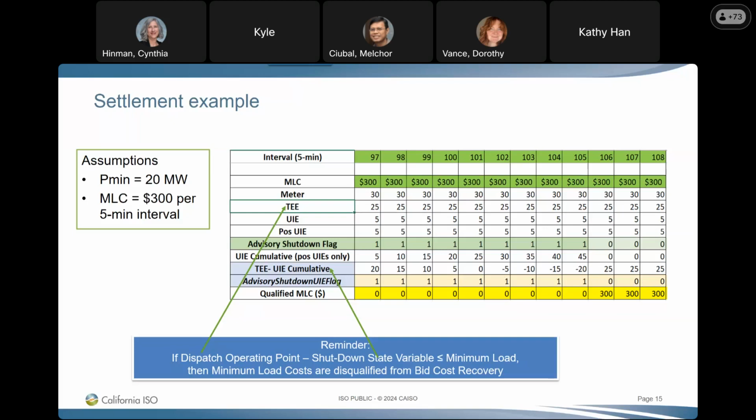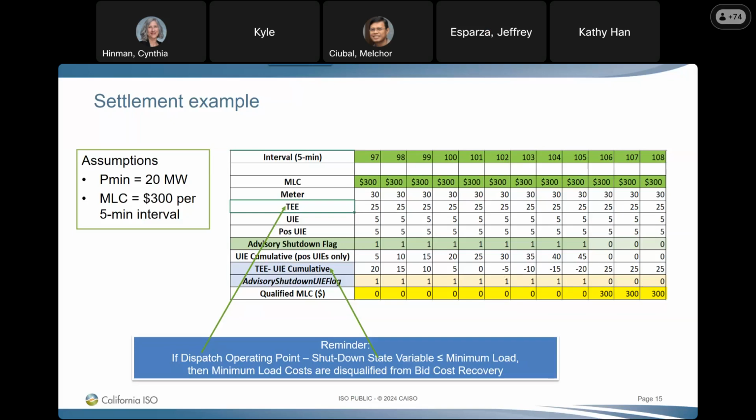Jeffrey, go ahead. Yeah, sorry, just to clarify a little more. The way I understood it before was that CAISO will send the advisory shutdown to tell the unit that they want them to shut down, or to start shutting down. My confusion is the advisory shutdown flag is set as 1 on the green line.